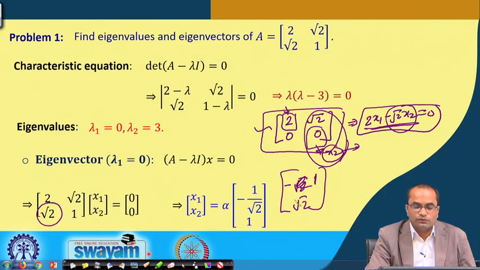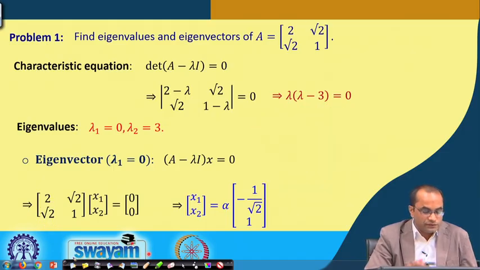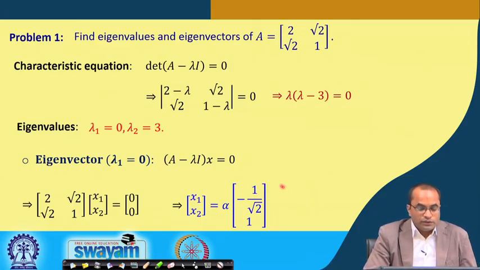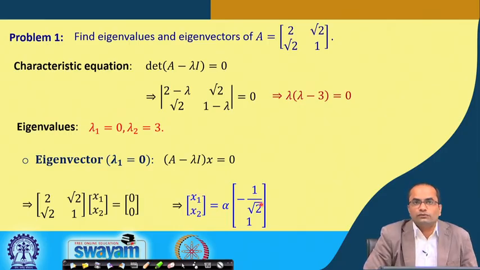So, this vector also we can take, minus 1 and square root 2, or we can take 1 and minus square root 2. We can multiply by any number here, and that will be the characteristic vector, or the eigenvector, of the given equation. So, the one eigenvector we got corresponding to lambda 1 equal to 0 is this one.